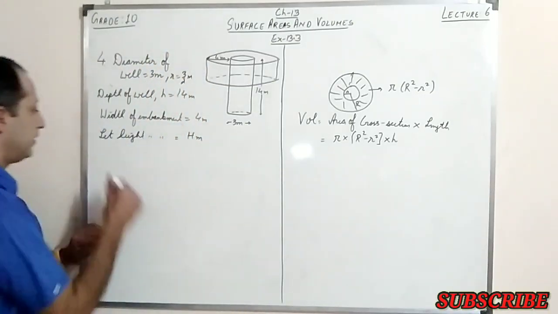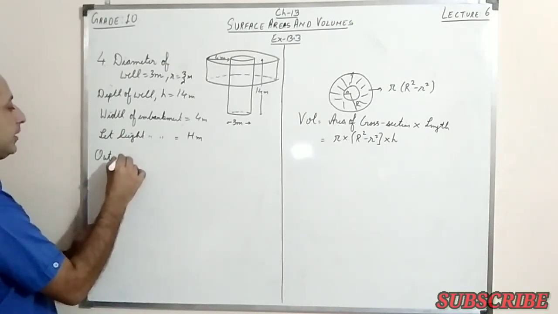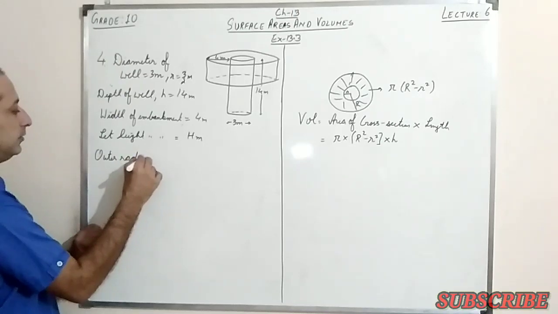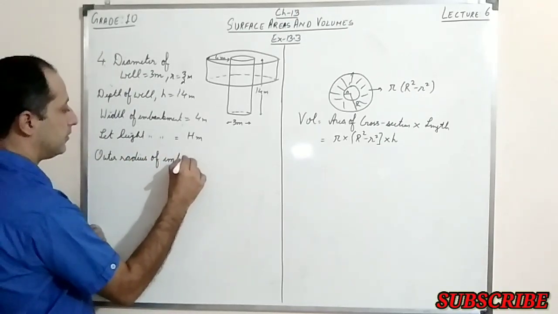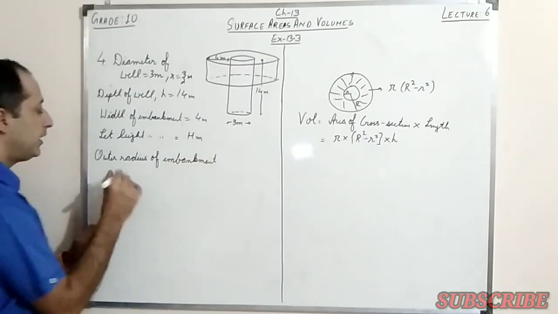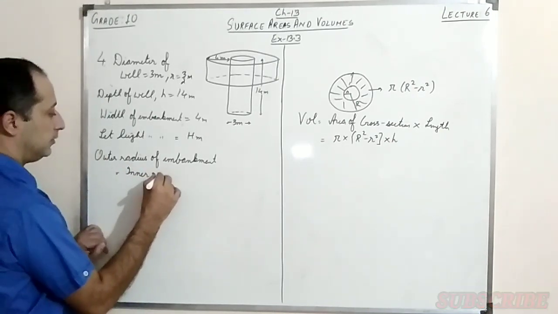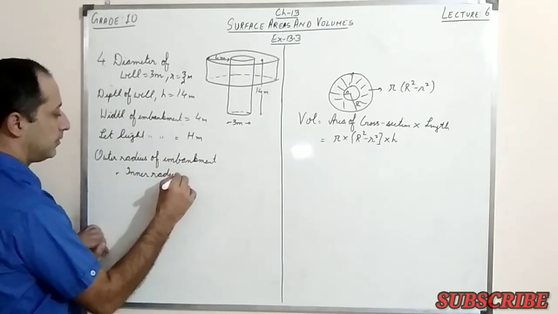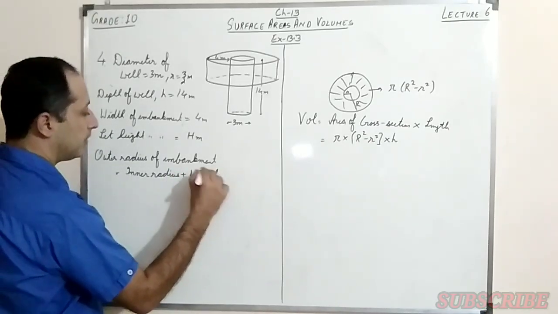Now if I see here, the outer radius of embankment will be equal to the inner radius plus the width of the embankment.